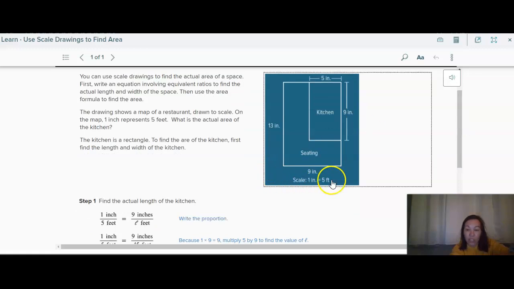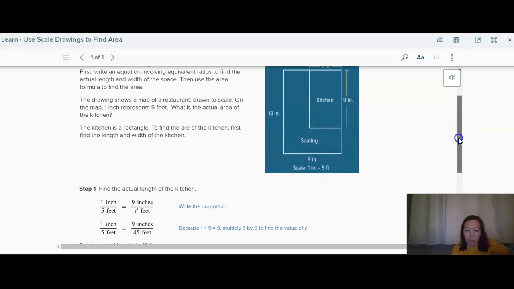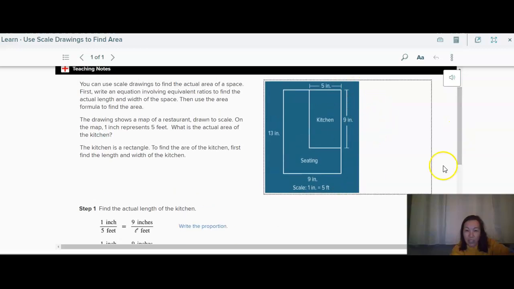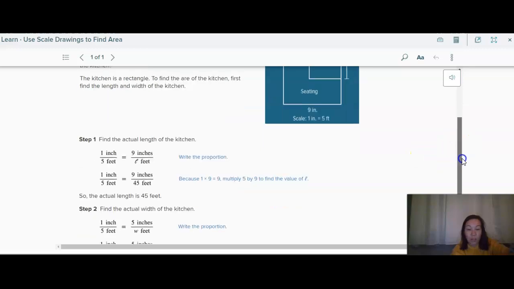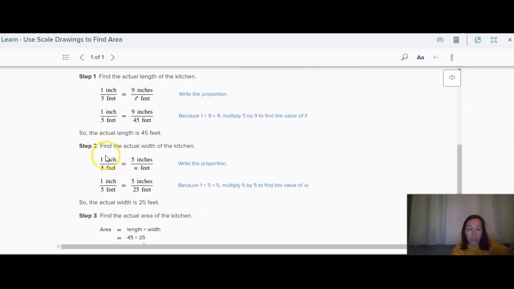So if 1 inch is 5 feet, then 9 inches is how many feet? Well, 1 times 9 gives us 9, so 5 times 9 is 45. So the kitchen is 45 feet long. And then the width, if 1 inch is 5 feet, then 5 inches would be 25 feet.